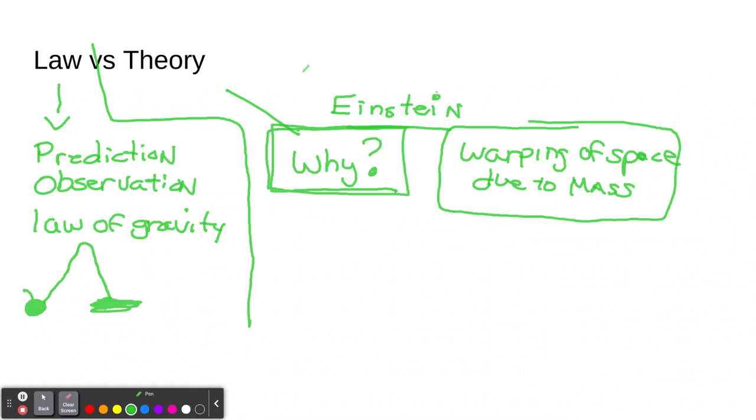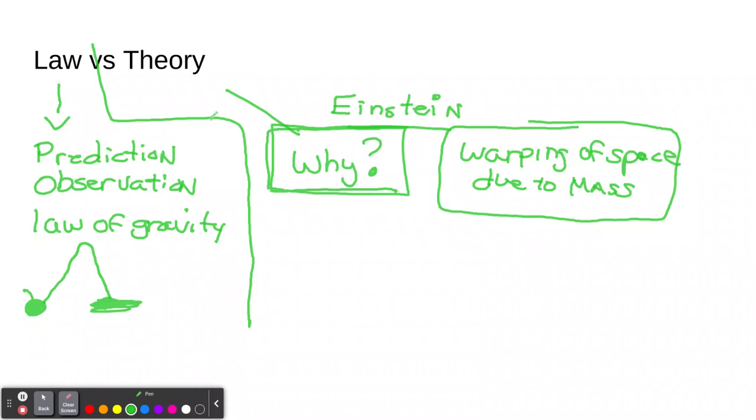But right now, just so you know, law is a prediction based on an observation, and a theory is trying to explain why. So Newton tried to explain that, and Einstein explained that. So right now we accept Einstein's theory, and graduate students all over the world will try to prove it's wrong or to try to prove it's right. So far, he hasn't been proven wrong.